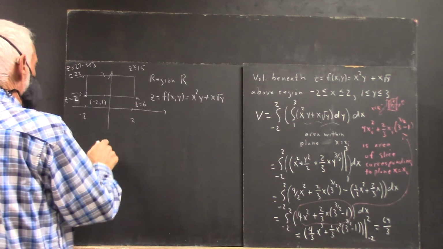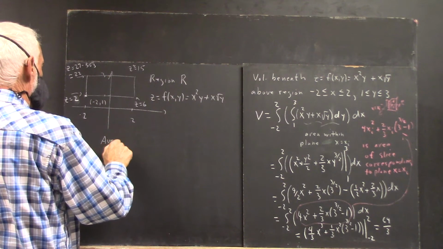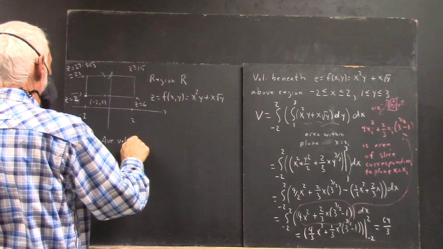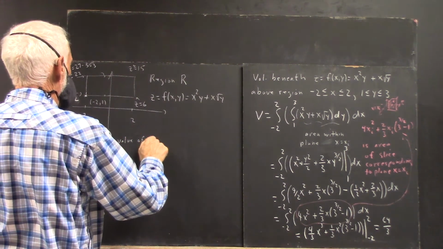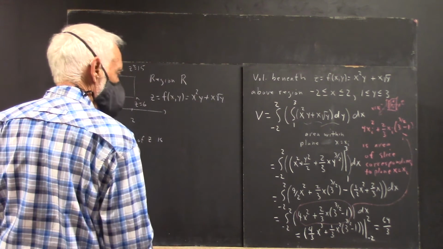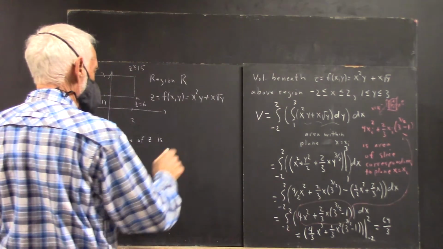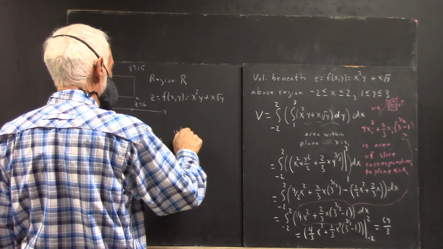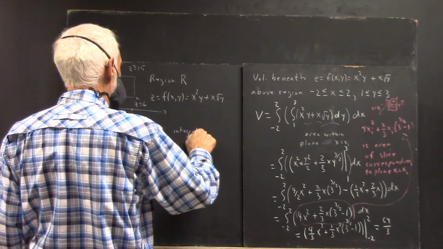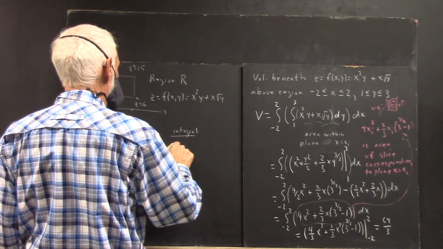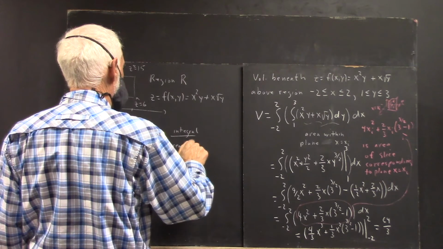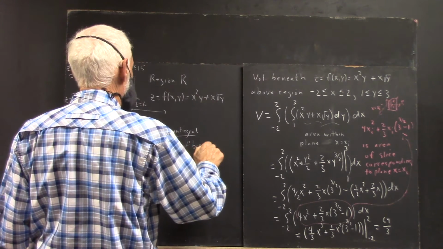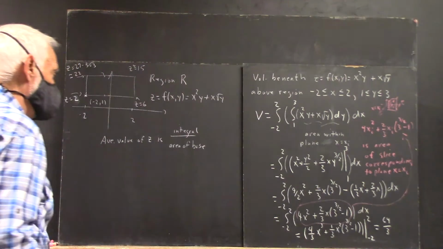The average value is the integral divided by the area of the base.